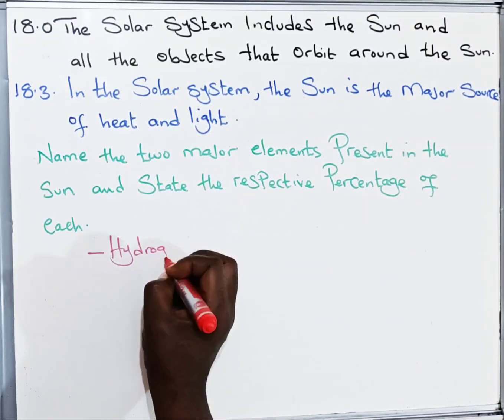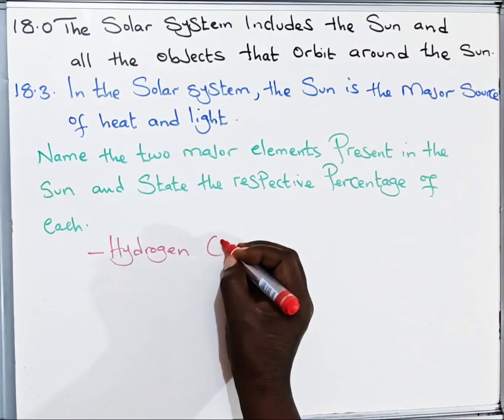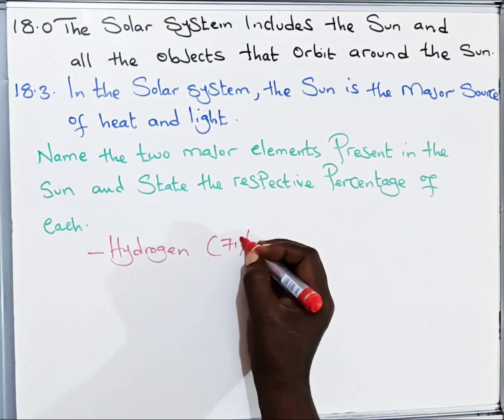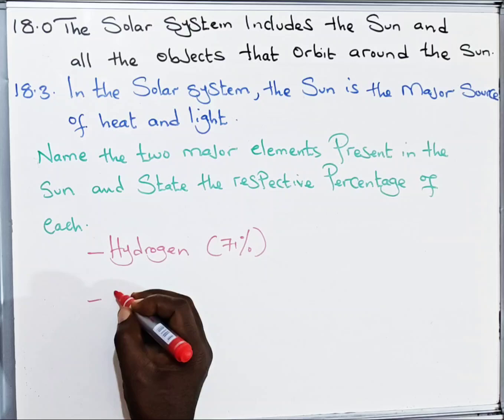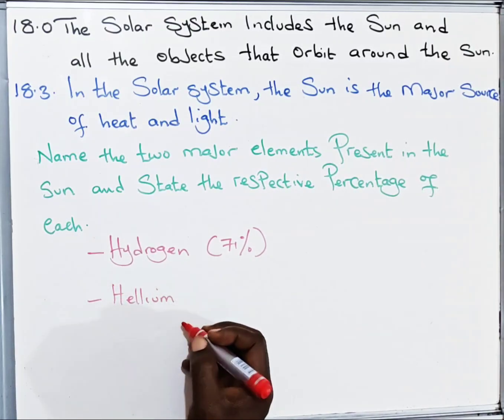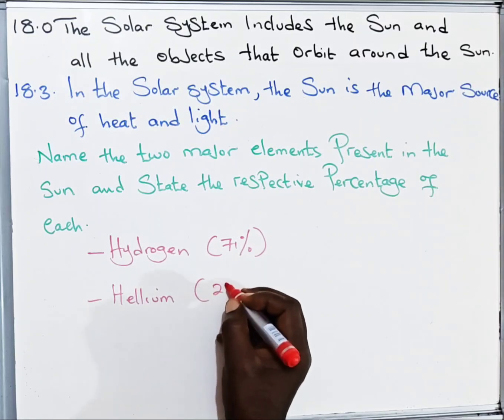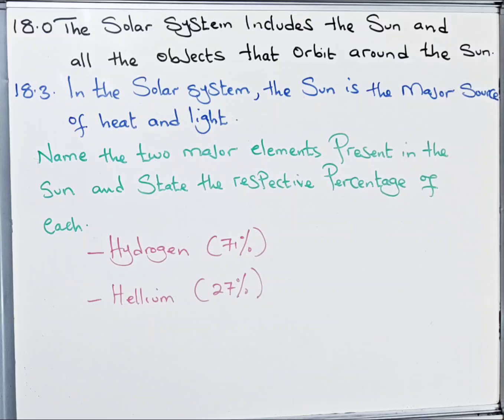Hydrogen is the major element, and it takes up 71% of the entire sun. Then the second element is helium, and it takes up 27%. Both of these are gaseous, also typically of congregated molecules of gases.